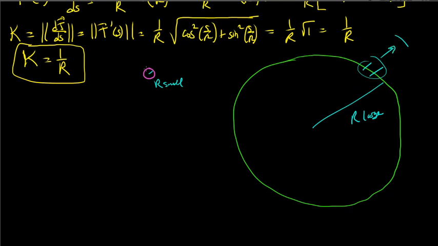On the other hand, if you take the same arc length here, the same distance, you get a piece that's much more curved. So when r is small, k is large. You're curving quite a lot. But when r is large, k is small.